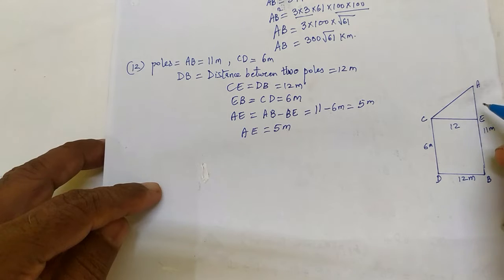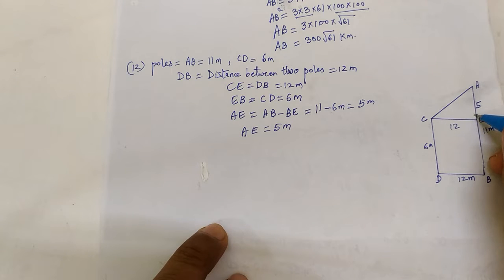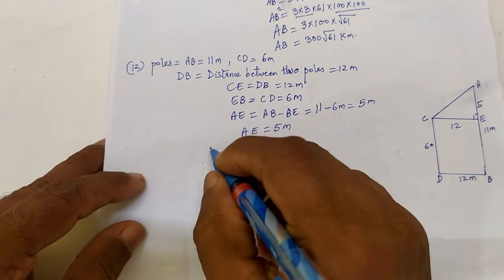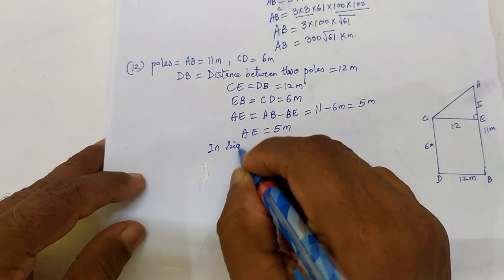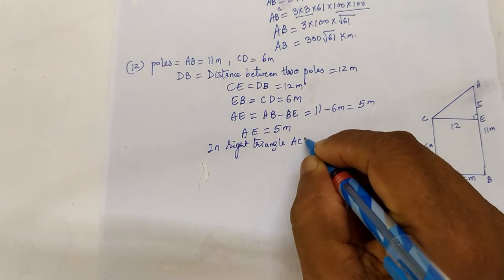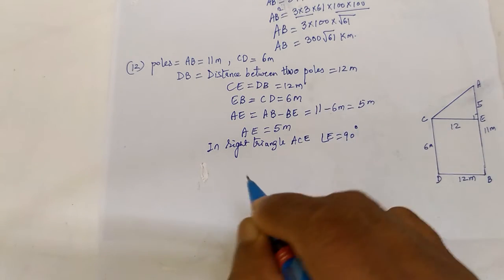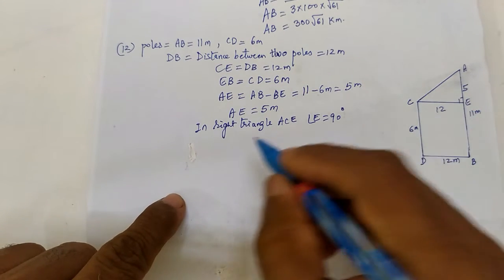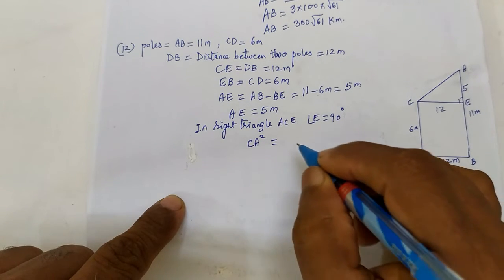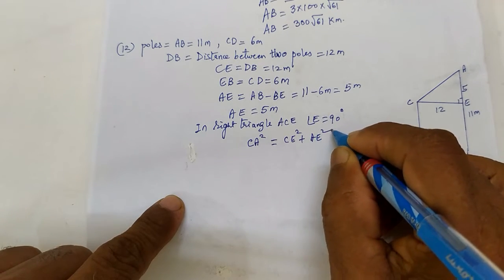So if this is 5 meters, then we have to find CA. This is a right angle and this is the hypotenuse. So in the right angle triangle ACE, angle E is 90 degrees. Then CA square, the hypotenuse, is CE square plus AE square.